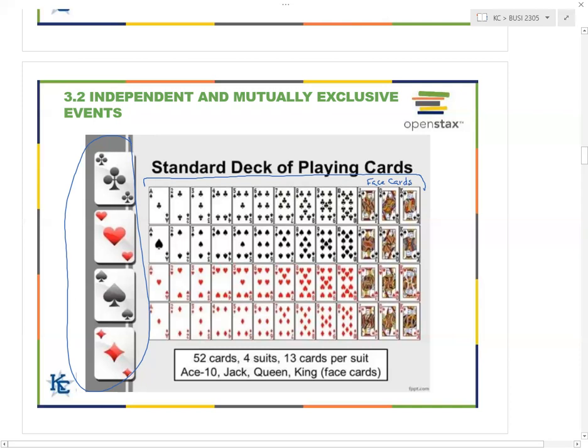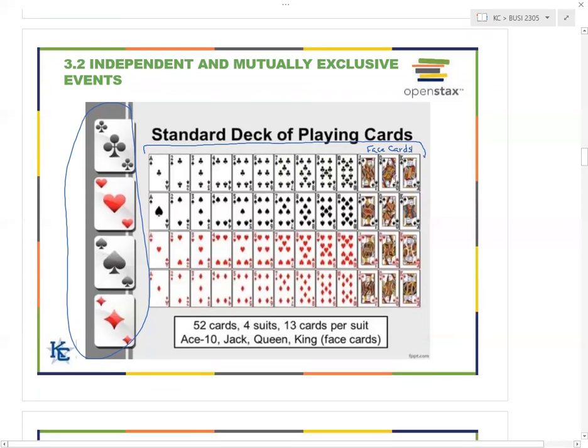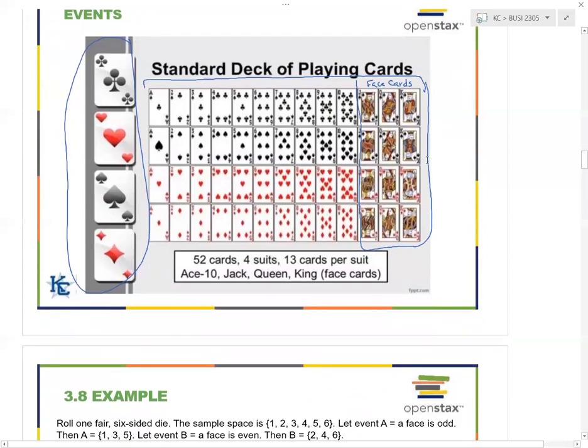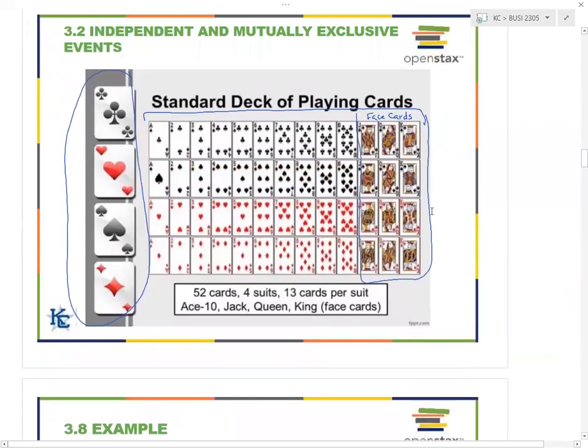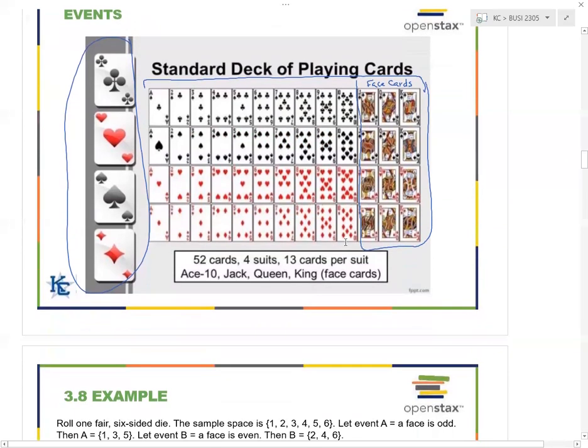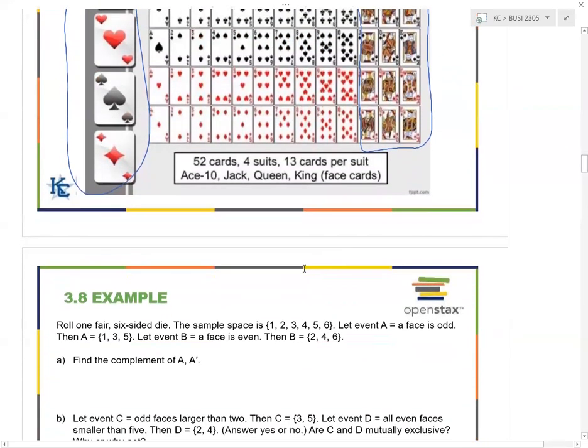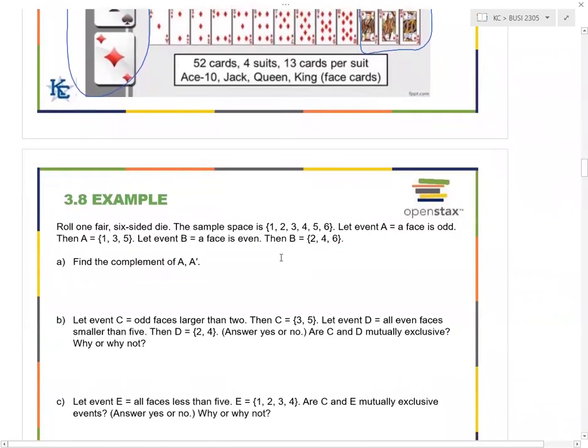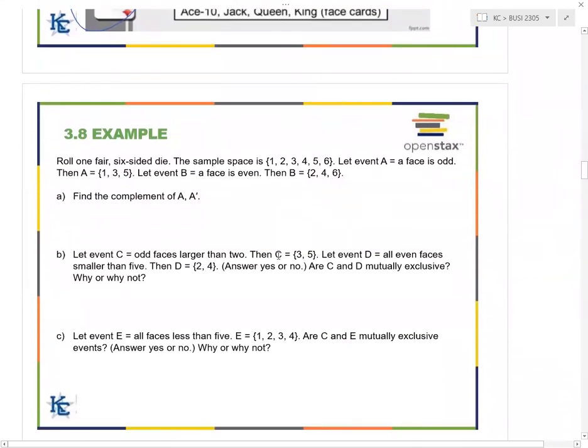So your face cards are here. And then a lot of times we talk about red cards versus black cards, right? And so there are 26 red cards and 26 black cards because the deck is evenly split between red and black. All right, awesome. So let's take a look at this example here, 3.8.